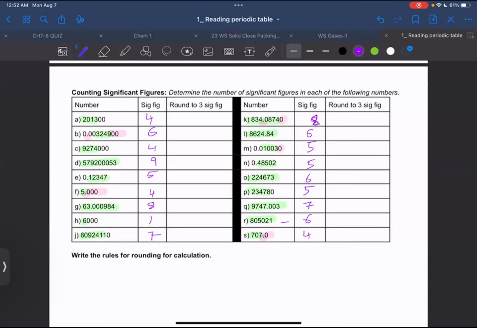This is the 8. Yes. Okay. I just rewrite it.